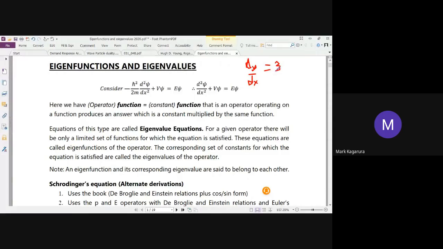This equation, the solution also will give some conditions, maybe when x is 2, y is 5. We can give other conditions that when x is equal to 2, y is equal to 5. If we give conditions for when x and y are 0, whatever, or dy dx is equal to 0, those are called initial conditions. I mean boundary conditions.